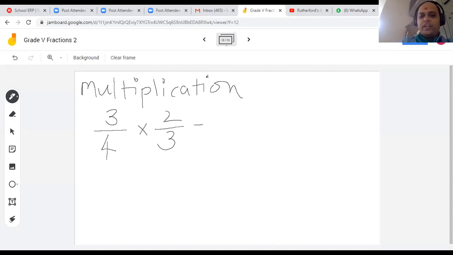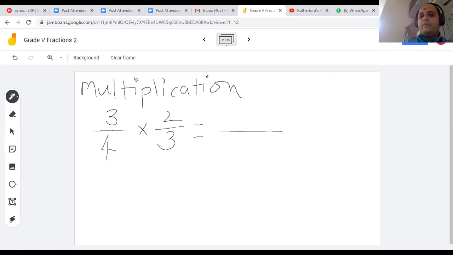So what do we do here? In multiplication, it is a little bit different from addition and subtraction. In addition and subtraction, we do not add or subtract the denominator, correct? But remember this, when it comes to multiplication, we multiply the denominator.